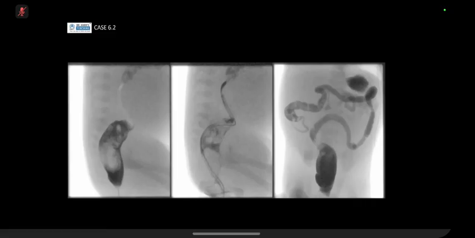I suspect these findings are secondary to an underlying Hirschsprung's disease. Yeah, and the diagnosis could be made by a biopsy below the level of the transition point.